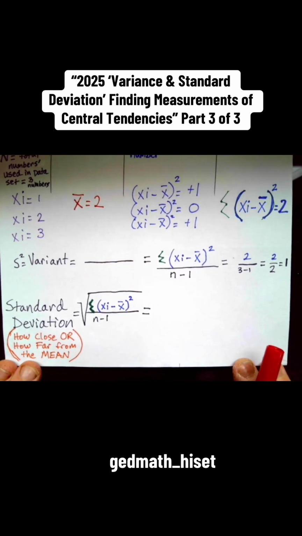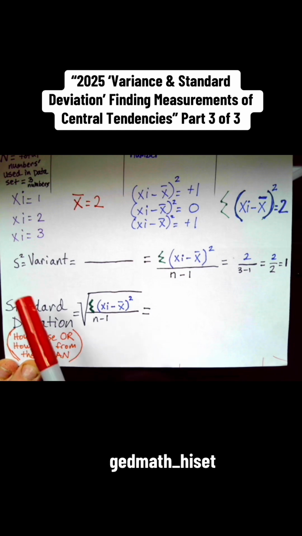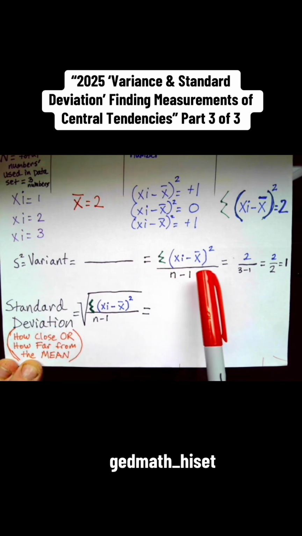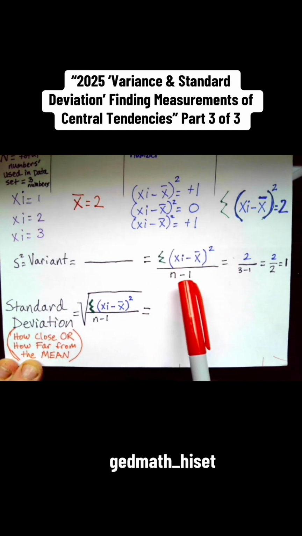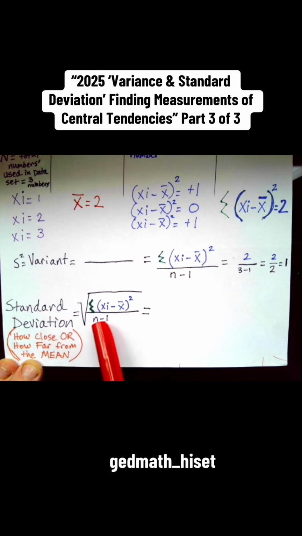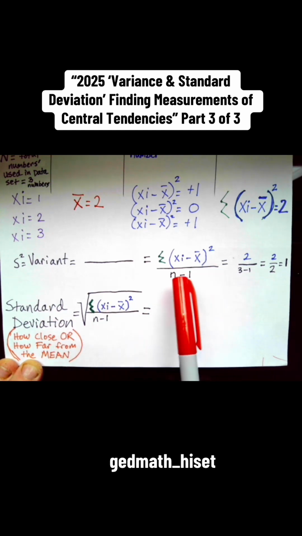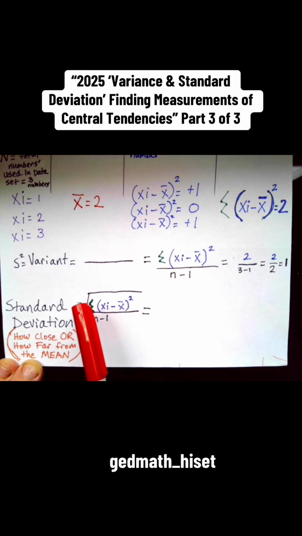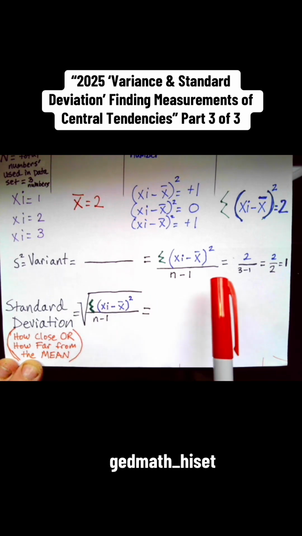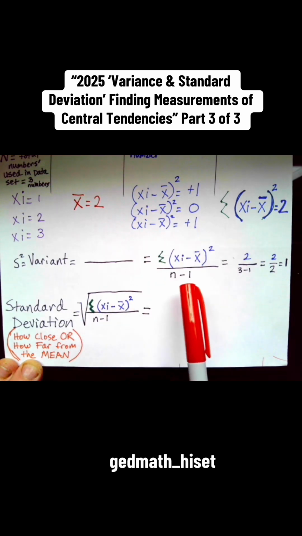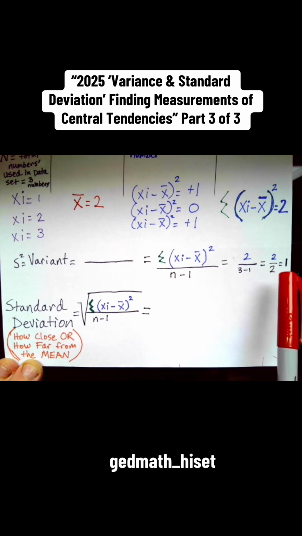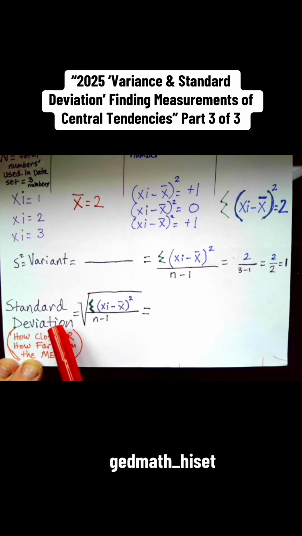Okay, so you can see here we have the 2 formulas: for our variance, which we have here, and then our standard deviation, which is the exact same thing with one exception. We have a square root. So we're going to take the square root of our answer for the variance in order to find our standard deviation.